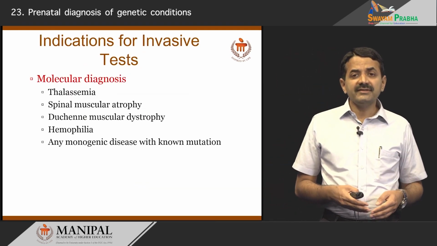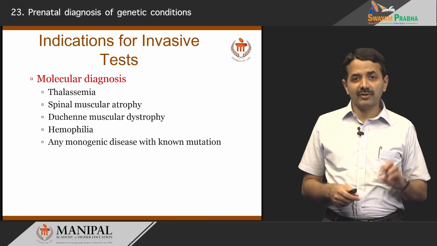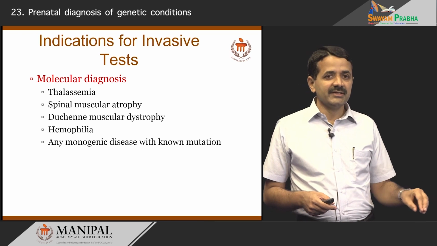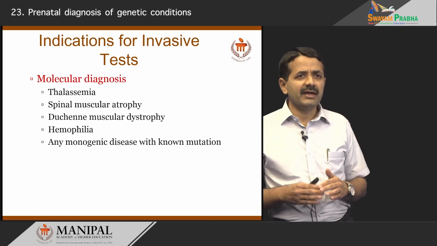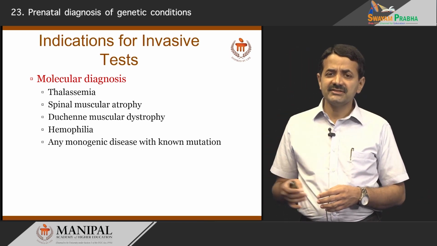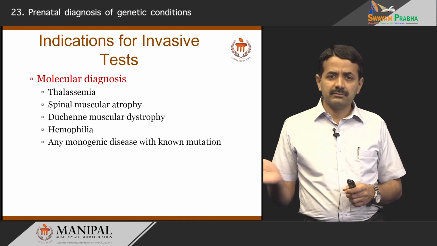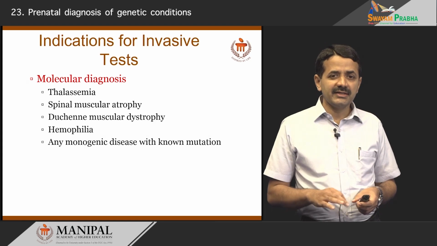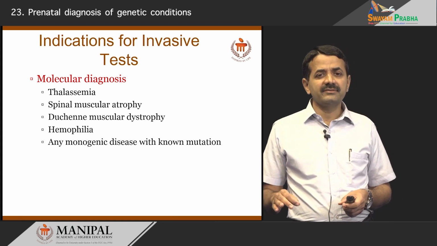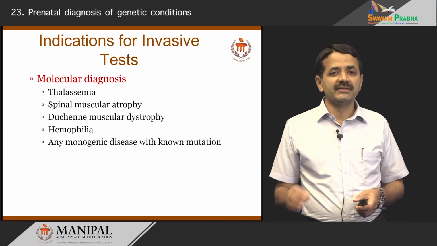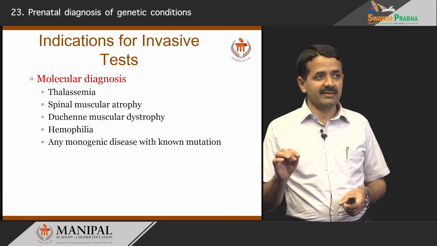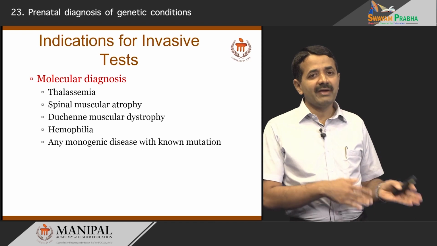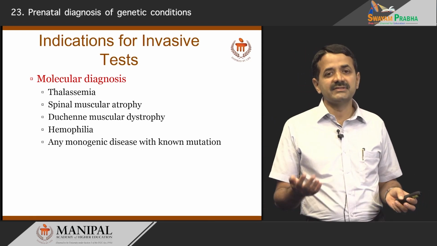The next reason for invasive testing is molecular diagnosis. We take fetal DNA and test for genetic disorders. As we all know now, we have approximately 18 to 19,000 genes and nearly 3 to 5,000 monogenic disorders. In principle, we can test all of them in the fetus by just taking a DNA sample from the placenta or amniotic fluid, which is supposed to match that of the fetus which is yet to be born.